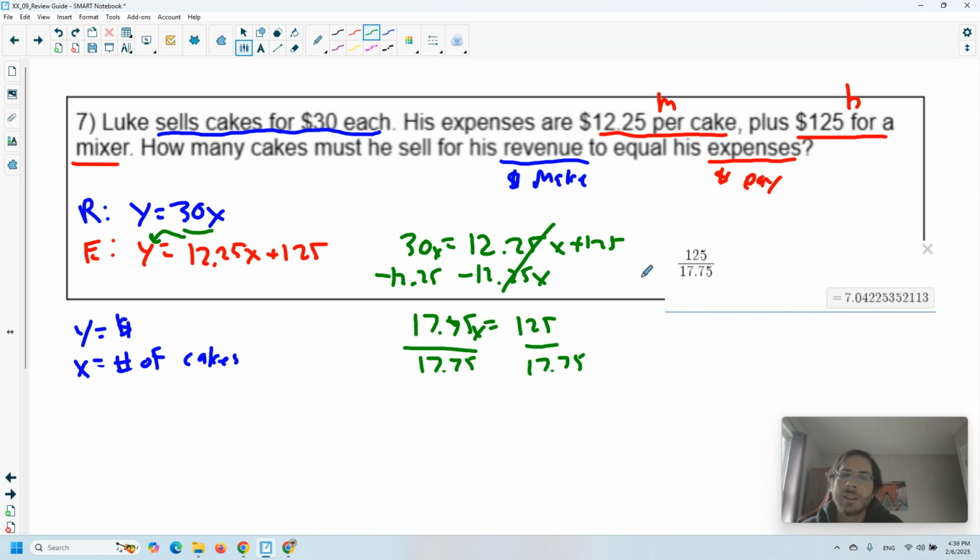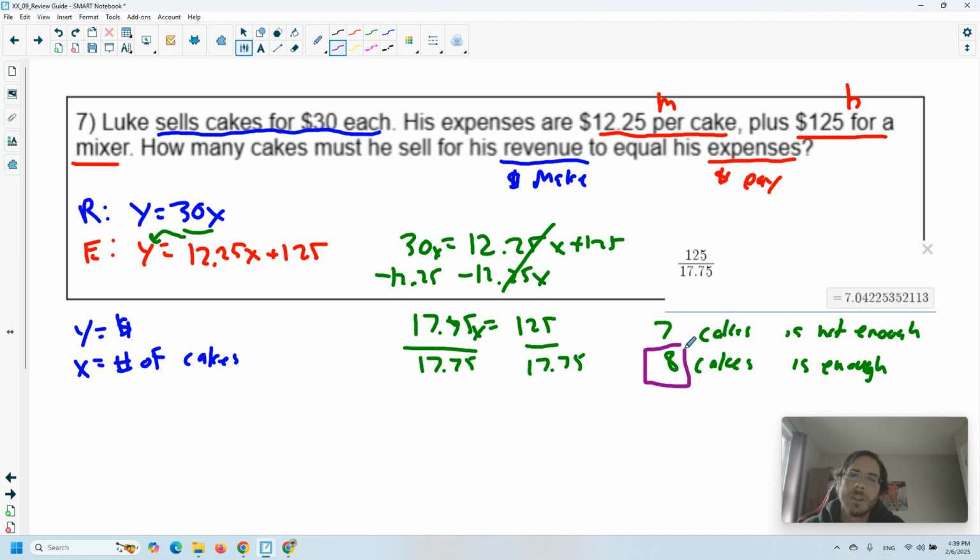The problem is that 7 cakes is not enough money. 8 cakes is enough money. So we have to answer with 8, because 8 is the one that does give us enough money. At 7, he's just a little bit short.